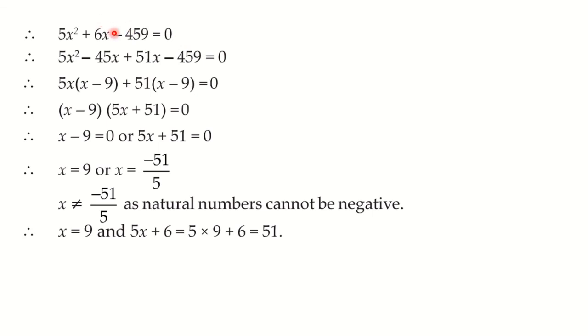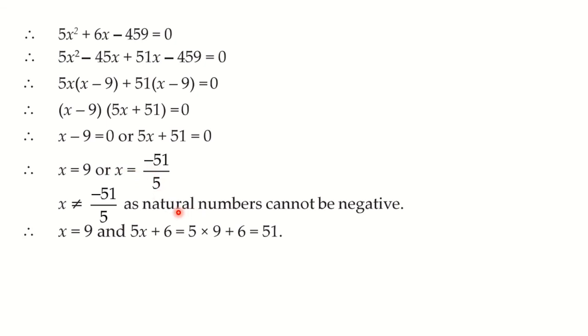Now here you have to multiply this 5 by minus 459 and then you have to find the factors. Okay. So you will get the factors as minus 45 and plus 51. So write down those factors, then take out common. You will get 2 factors and from that you will get 2 answers. x is equal to 9 or x is equal to minus 51 by 5.